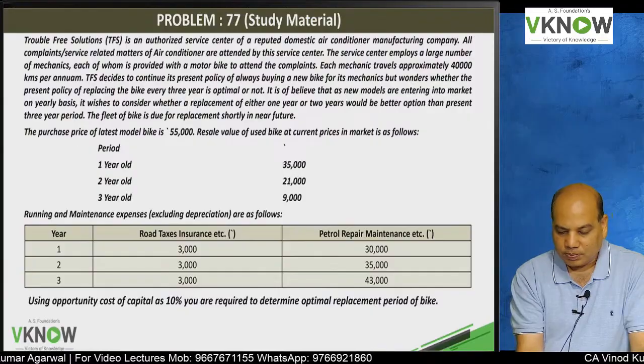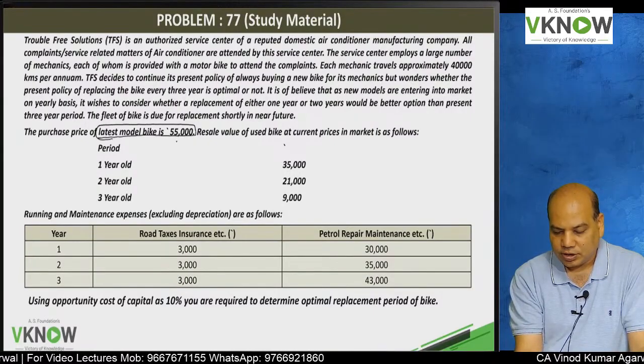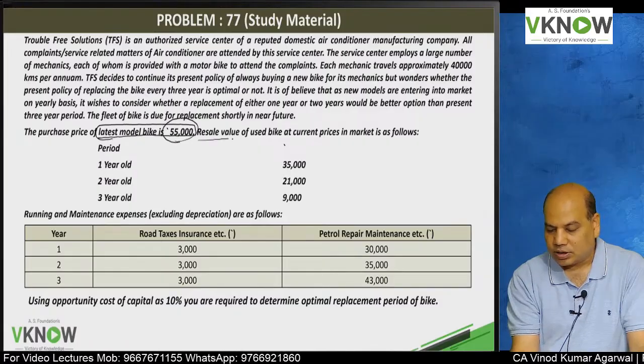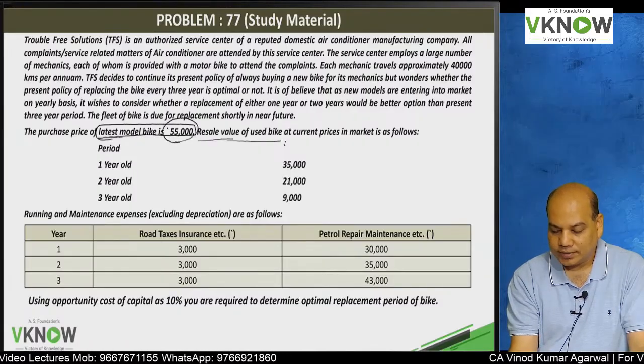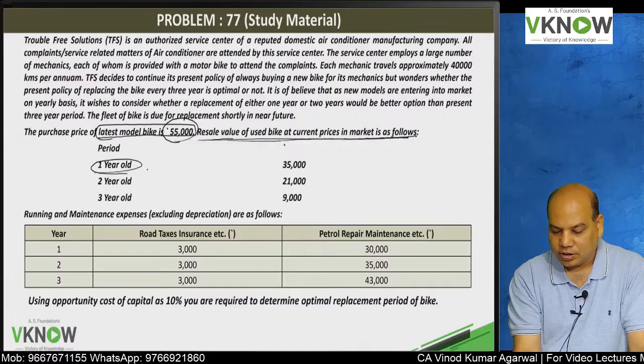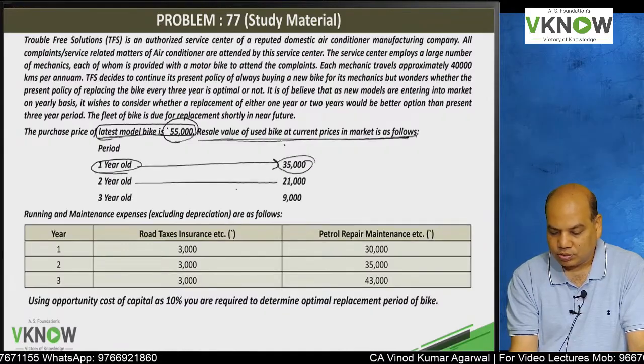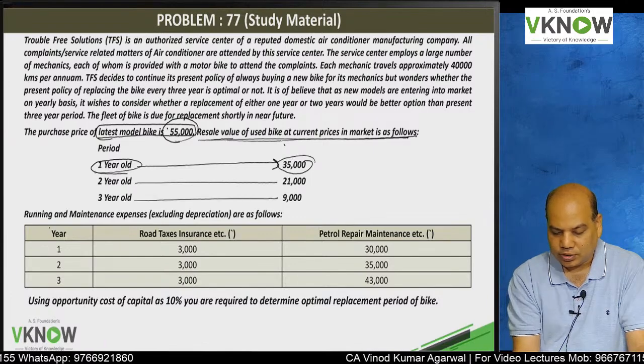Now, the purchase price of the latest model of the bike is 55,000, year 0. Resale price of the used bike at current prices in the market is as follows. If you sell after 1 year, scrap value 35,000, 2 years 21,000, 3 years 9,000.